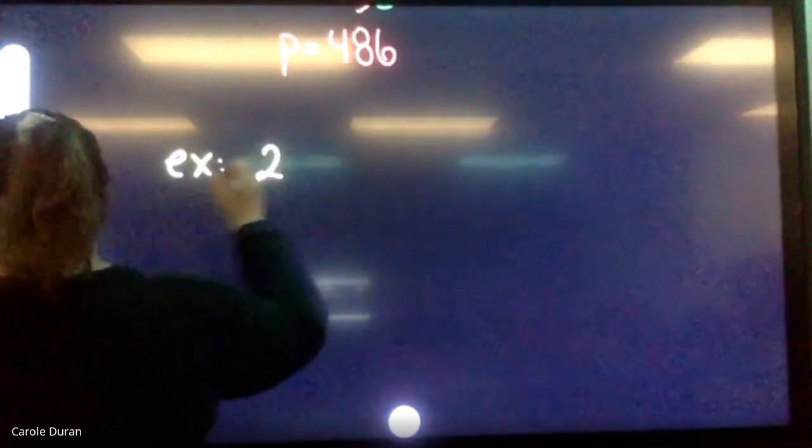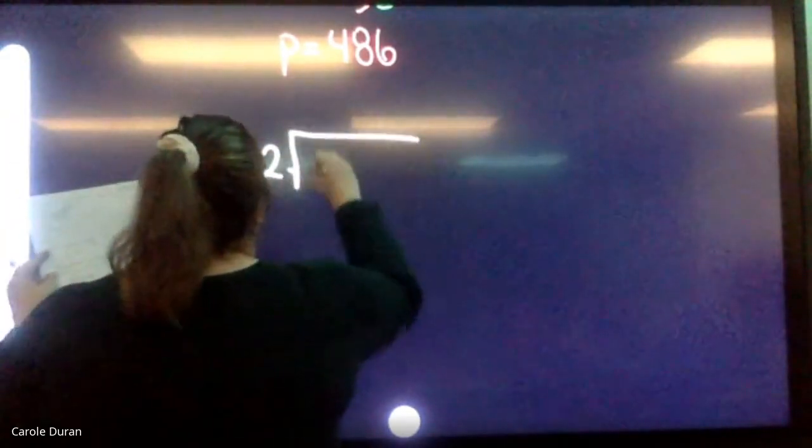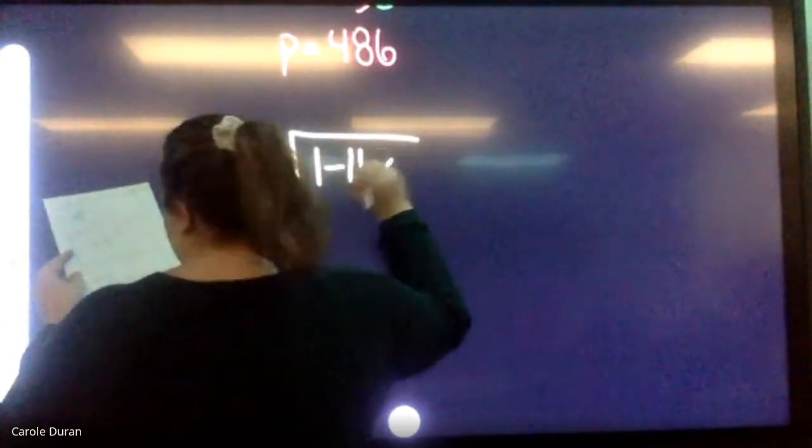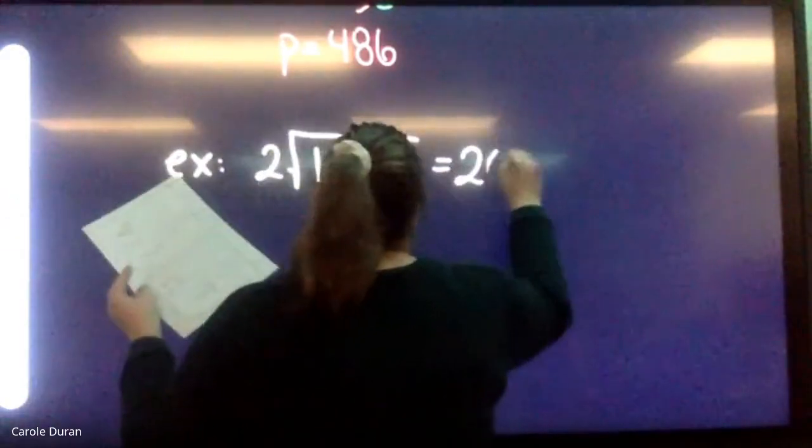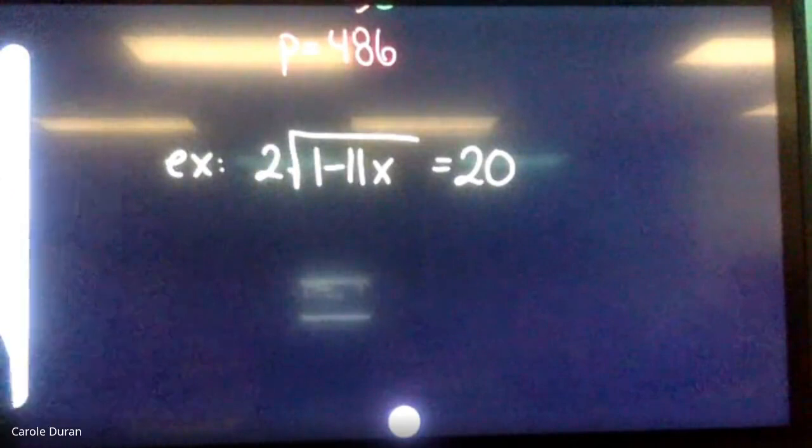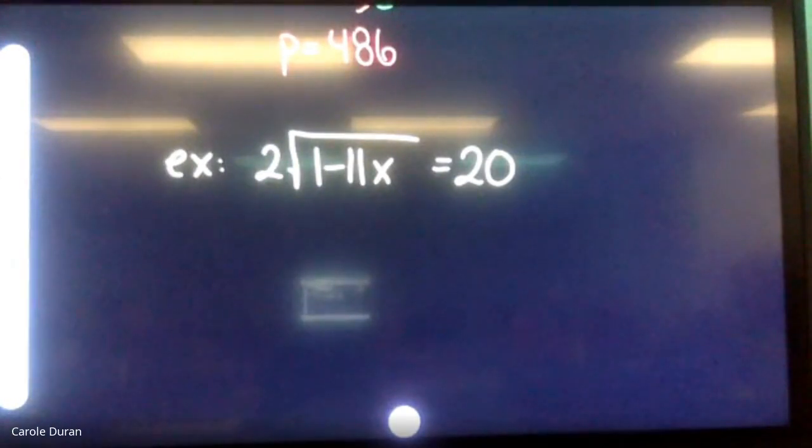This one is 2 times the square root of 1 minus 11x equals 20. Okay, so this brings up the question.